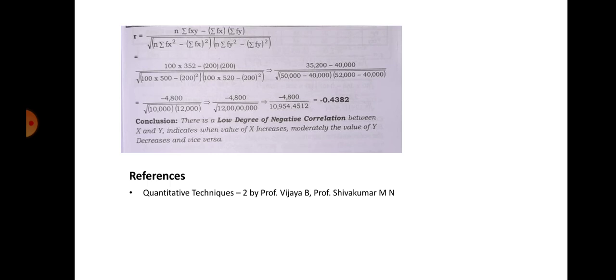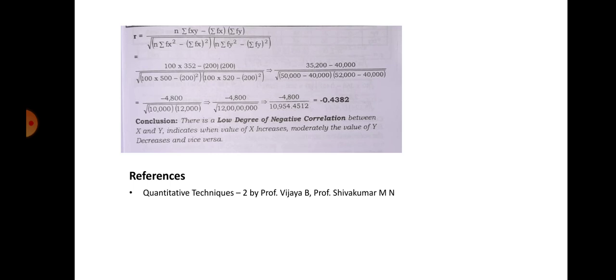Similarly, 100 into 520, which is our sigma fy square, minus 200 whole square. So what are the values? 100 into 352, 35,200 minus 40,000, divided by root of 50,000 minus 40,000 into 52,000 minus 40,000. Each time I am telling you to do this computation twice, even though we use calculators.